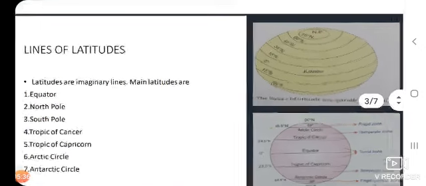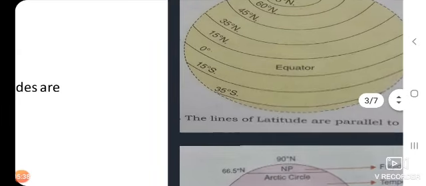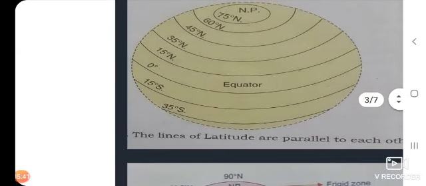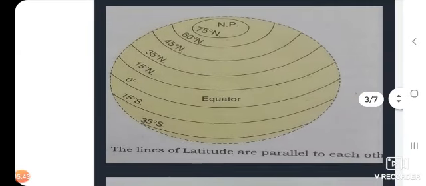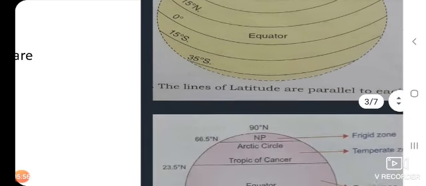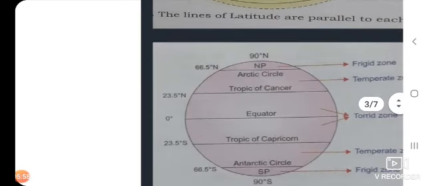You can see in the picture these parallels. The lines of latitudes are parallel to each other. See, the equator is the great circle and all the latitudes are parallel to each other. You can observe this in the diagram, children. Fine. Now we will learn about the important parallels of latitudes.